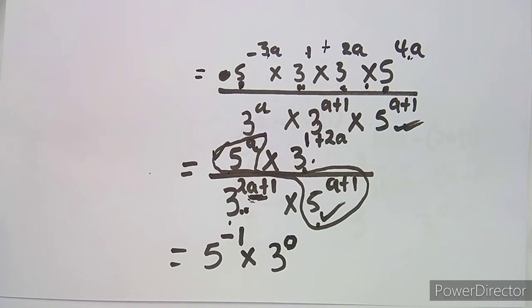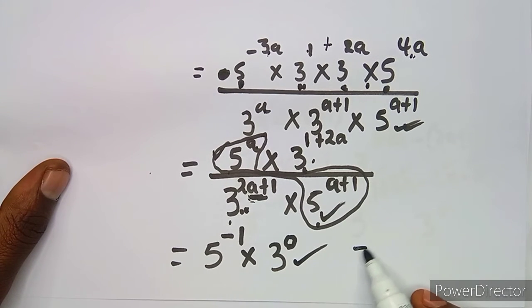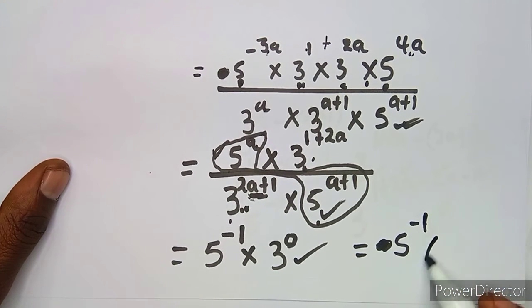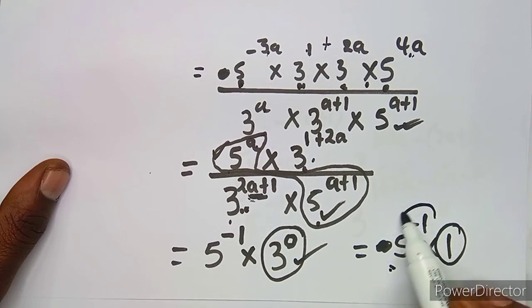So remember, any number raised to the exponent of 0 is a 1. So we are left with 5 to the exponent of minus 1, like this, times 1, because any number to the power of 0 is 1. So 1 times a number, which means we are going to be left with what? 5 to the exponent of minus 1.